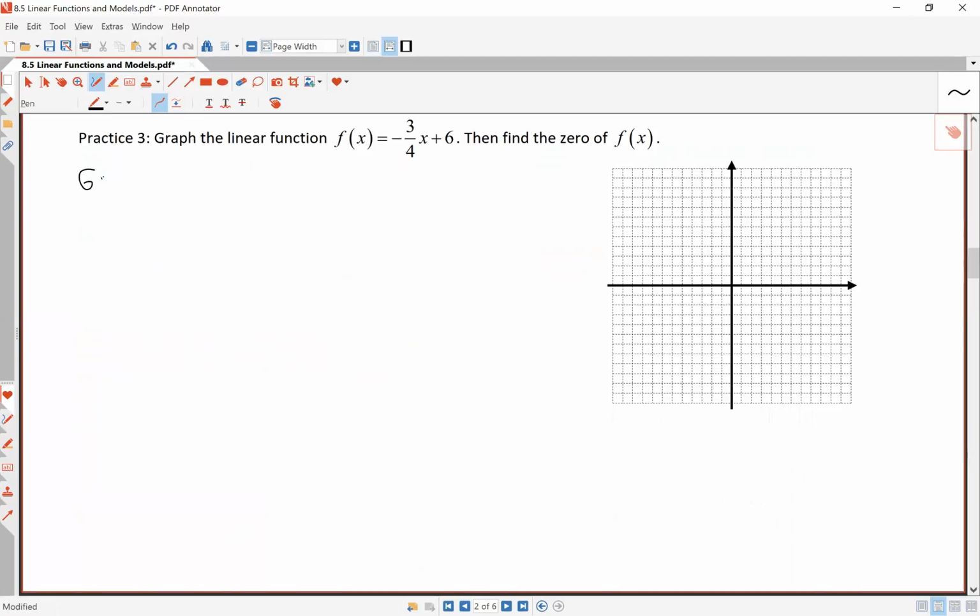So the first part is to graph. We see that the slope is negative 3/4, and we see that the y-intercept is 0, 6. So we have a rise of negative 3 and a run of 4.